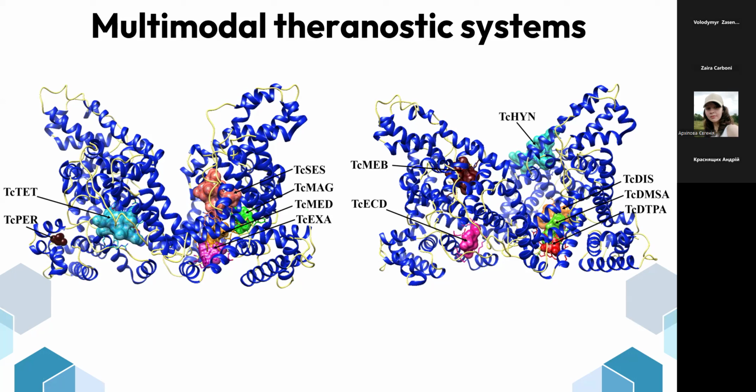Here is domain number one, number two, number three, and each of these domains consists of two subdomains, subdomain one and subdomain two. It is generally recognized that the majority of drugs bind to albumin through two sites, which are known as Sudlow site 1 and site 2.